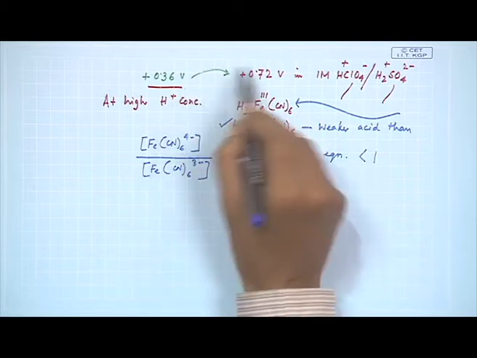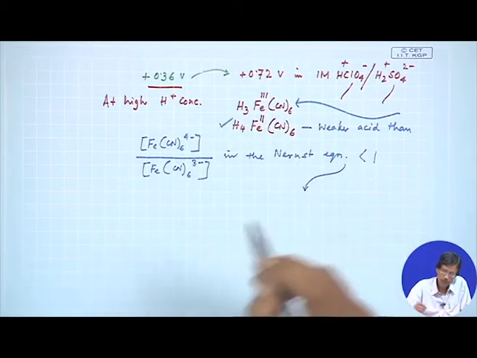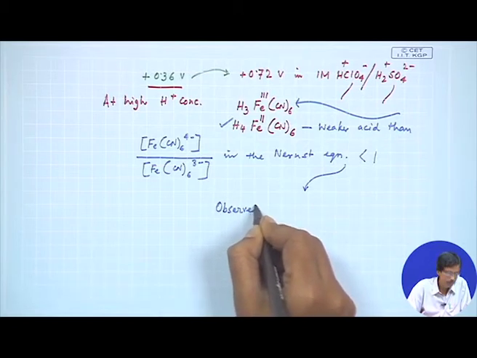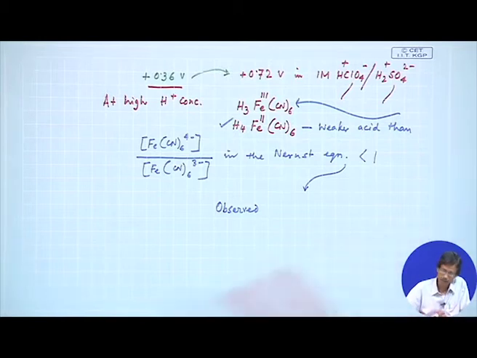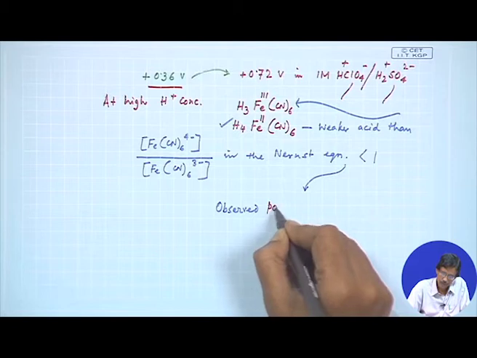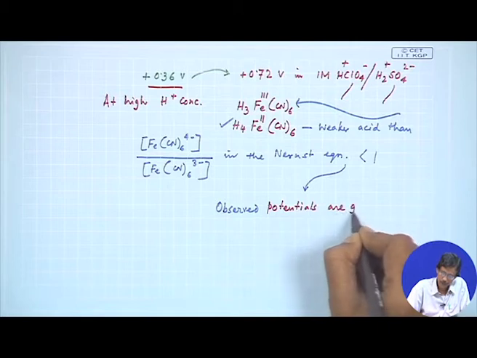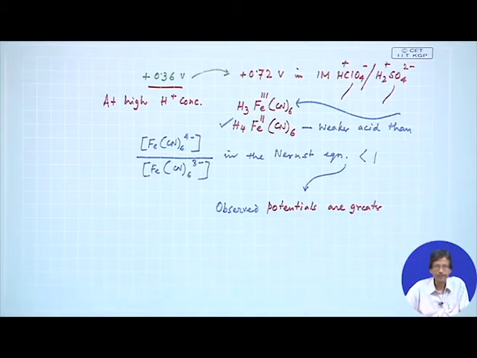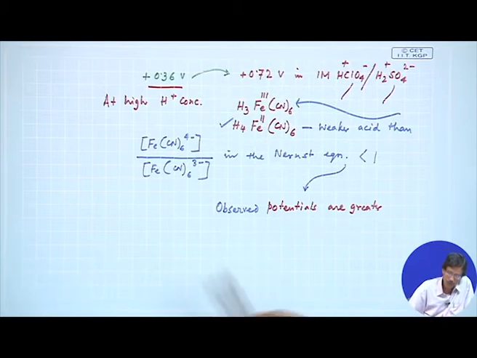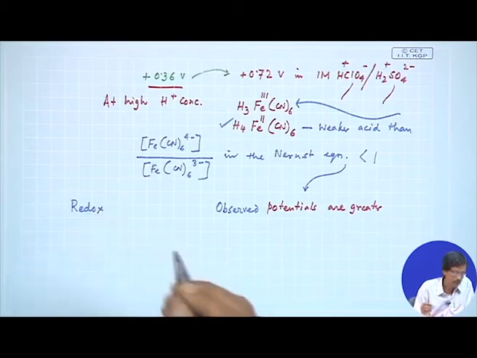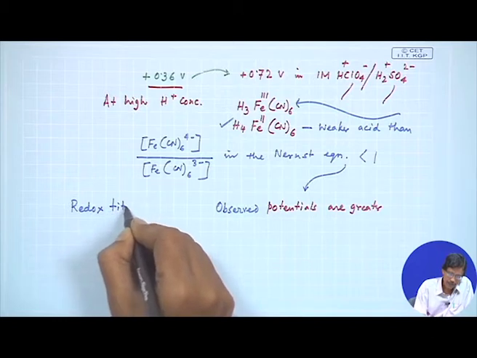So, due to this manipulation in the acidic medium, the observed potentials are greater. That way the formal potential values are useful, and we can use all these things for our ultimate goal, which is redox titrations.